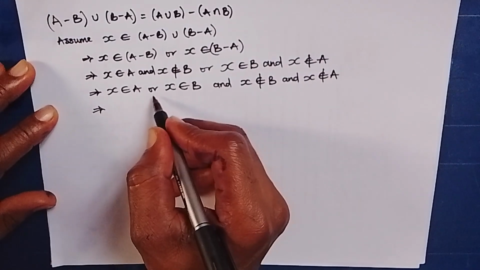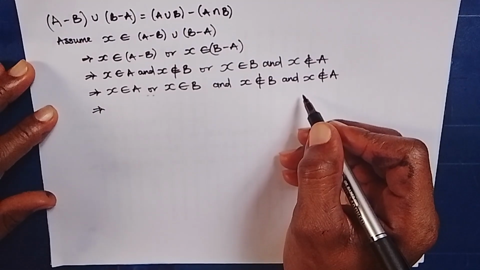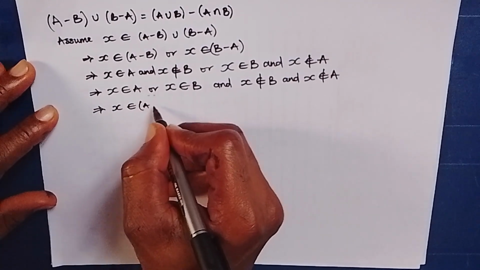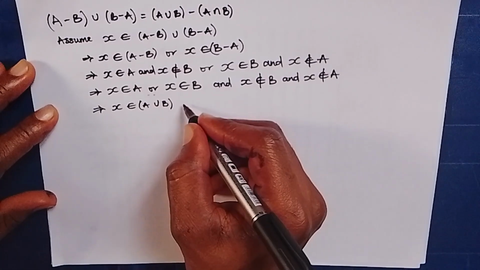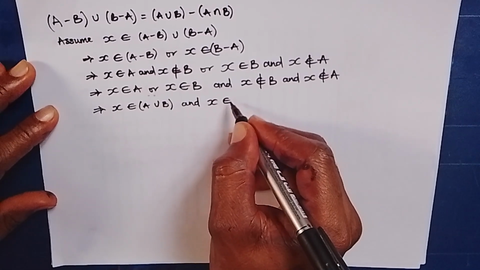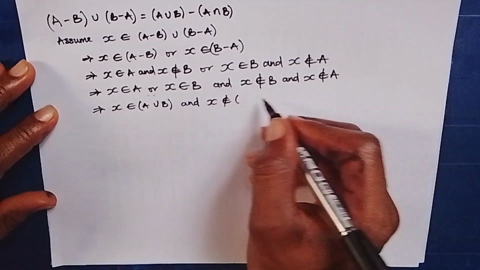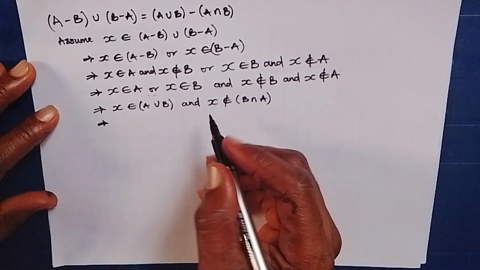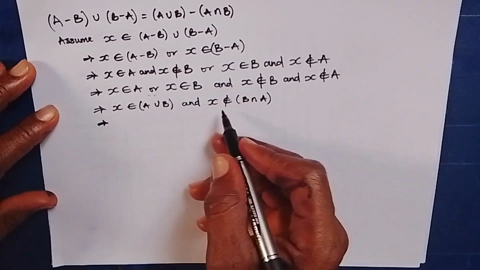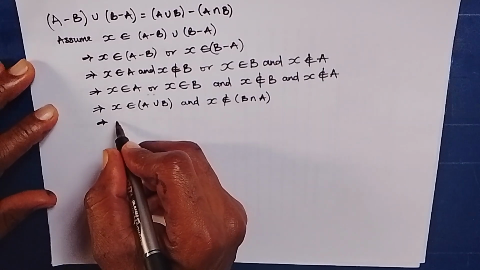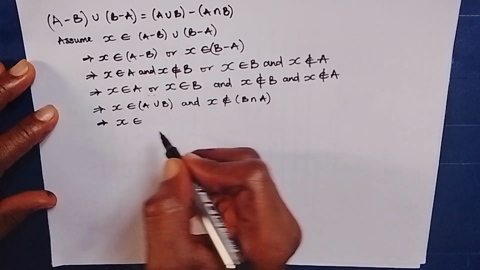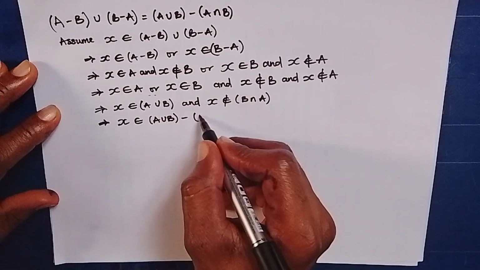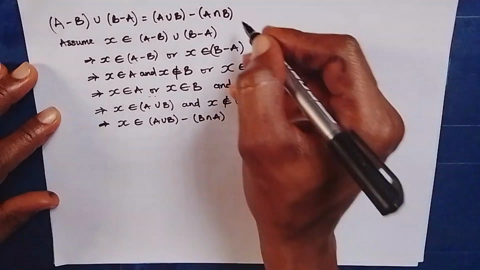Now this is the same thing as saying, remember our or is union and our and is intersection. So that is to say x is a member of A union B, and x is not a member of B and A, that is B intersection A. Now if x is a member of a given set and not a member of another set, that's minus. So we have x is a member of A union B minus B intersection A. And we've arrived.